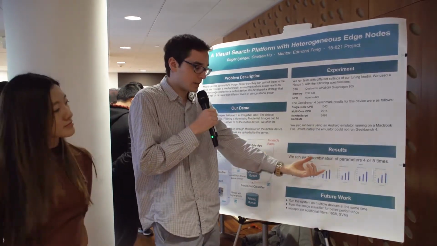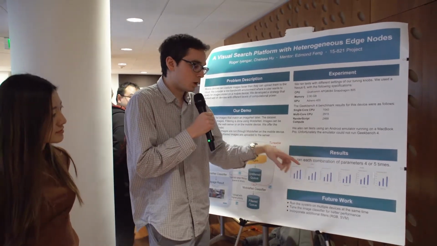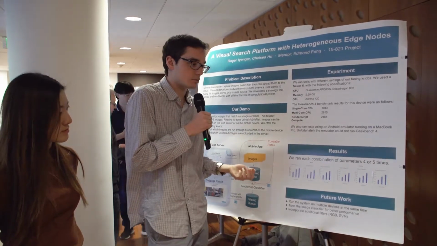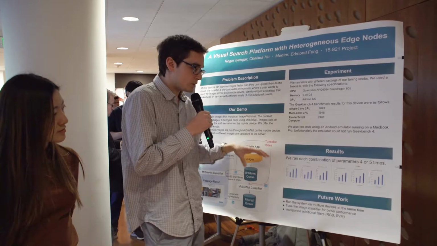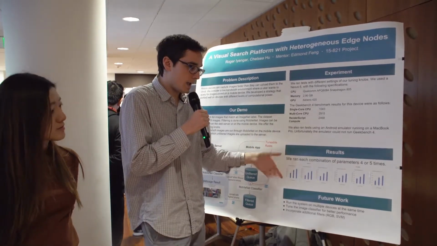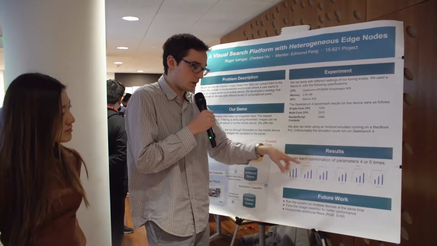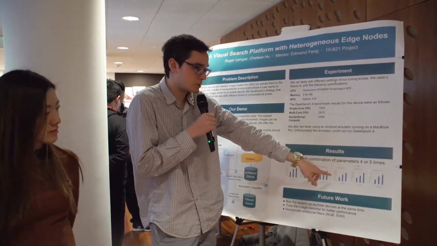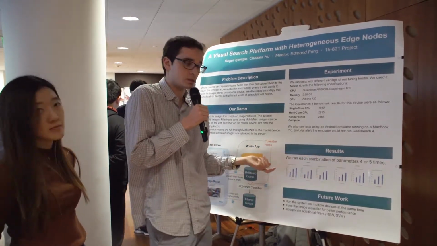And increasing the delay for the classifier to be run had more of an effect on the Nexus 6 than the emulator because the Nexus 6 was running the classifier faster than the emulator was. And increasing the delay for the upload of images to the server had more of an effect on the emulator because it was uploading more unfiltered images than the Nexus 6 was.